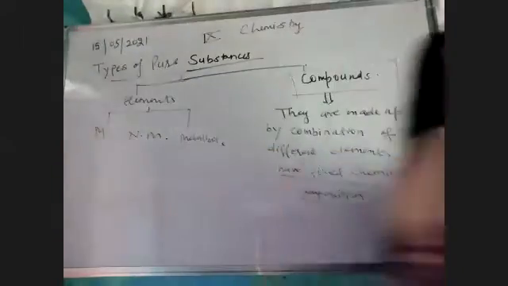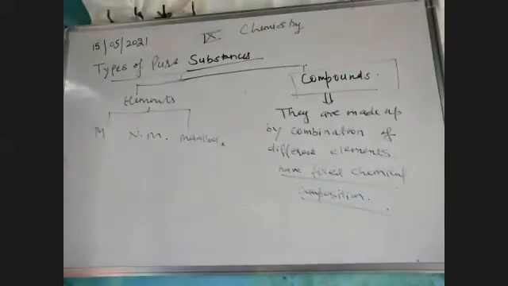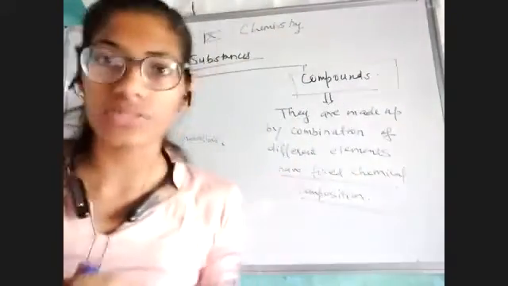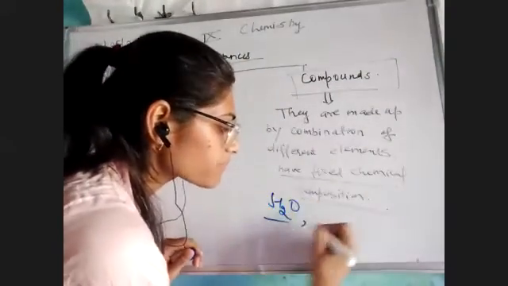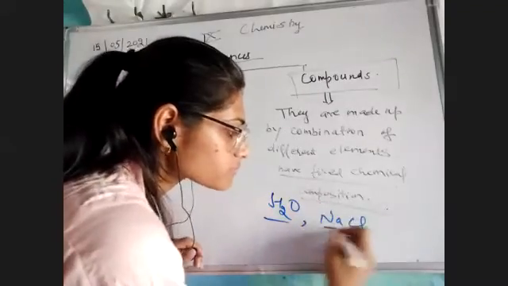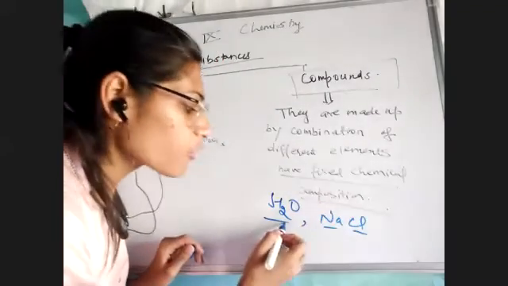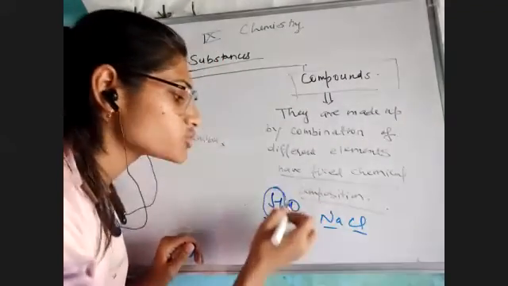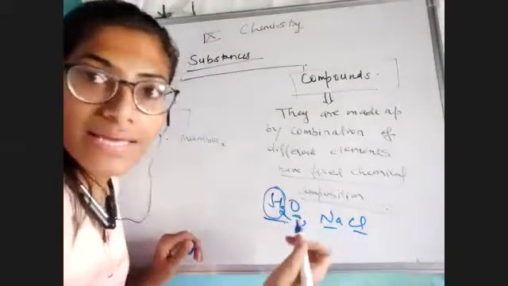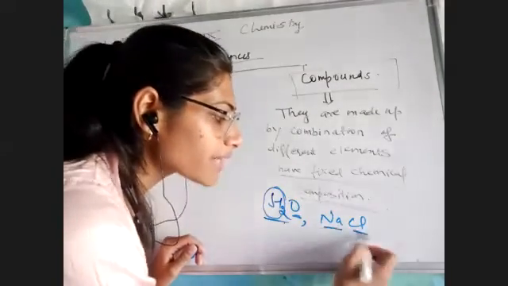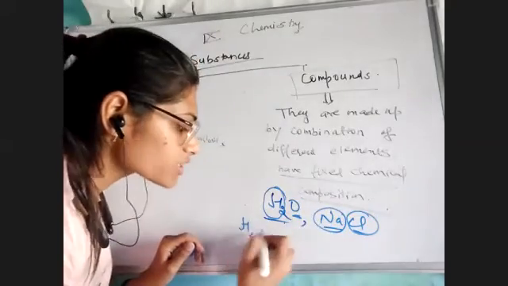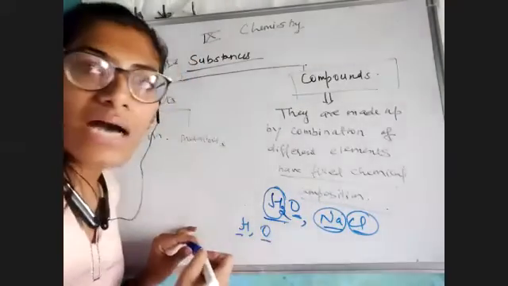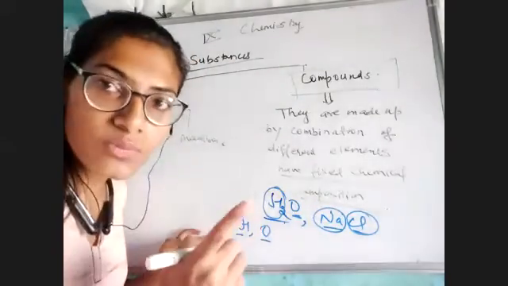Okay, let me further illustrate it with the help of examples, and we will also see how it is different from mixtures. For example, water. For example, sodium chloride. If I'm talking about water, it has 2 hydrogen and 1 oxygen. Same as if I'm talking about sodium chloride, it has 1 sodium and 1 chlorine. Hydrogen and oxygen are both non-metals, that's the first point.